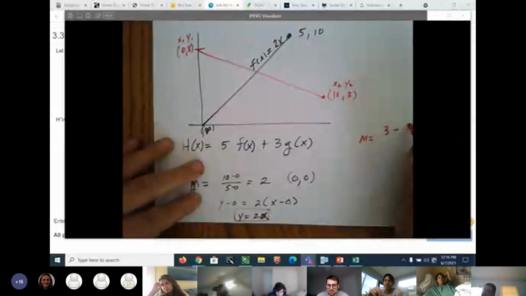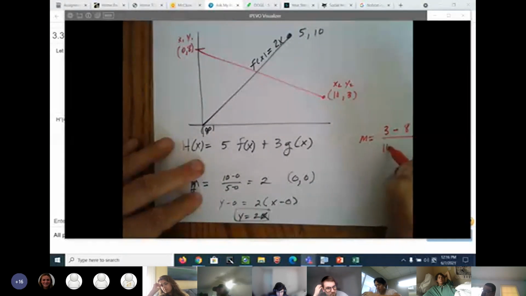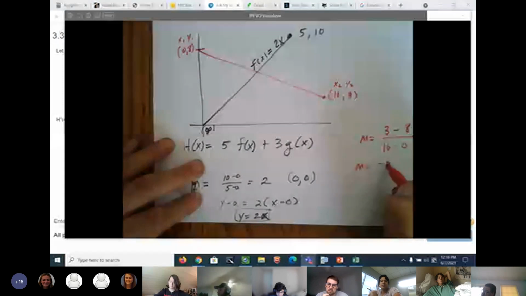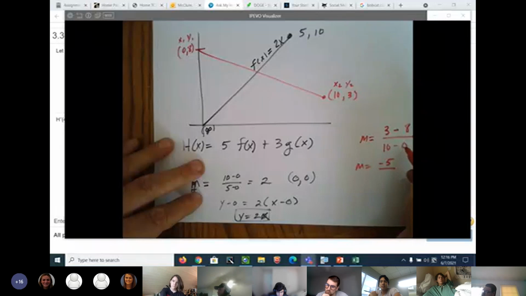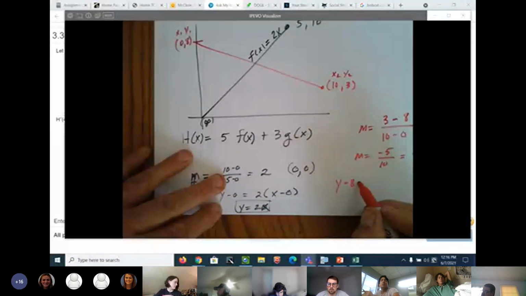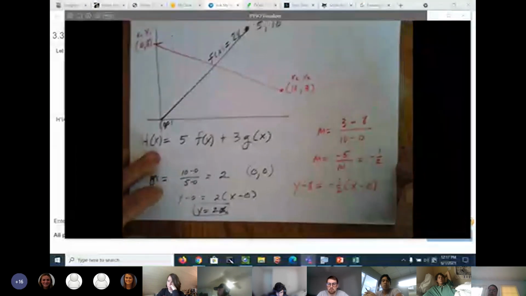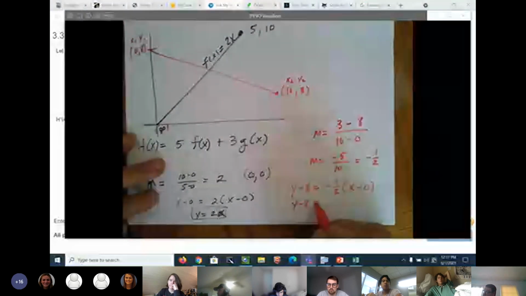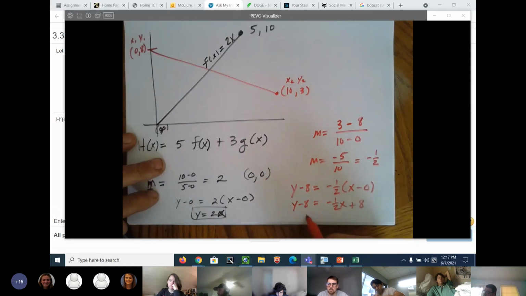3 minus 8 over 10 minus 0. M is equal to 3 minus 8 is -5, 10 minus 0 is 10. So -1/2. y minus 8 is equal to -1/2 times x minus 0. y minus 8 is equal to -1/2 x, so y is equal to -1/2 x plus 8.